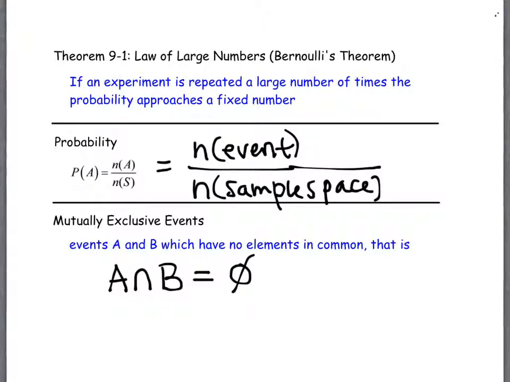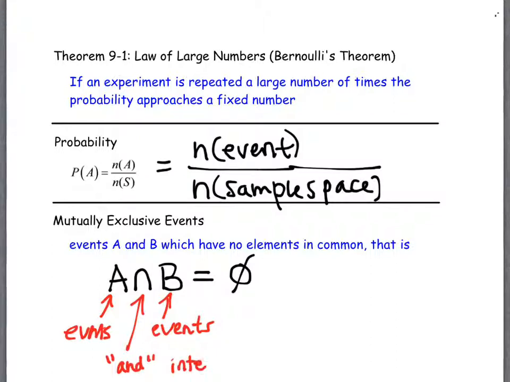We encounter this notation in elementary math 1. A and B are different events. This here is the symbol for the idea of the word and. It's the intersection specifically. And this right here is called the null set, or you could say the empty set.